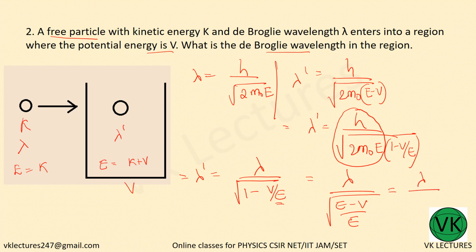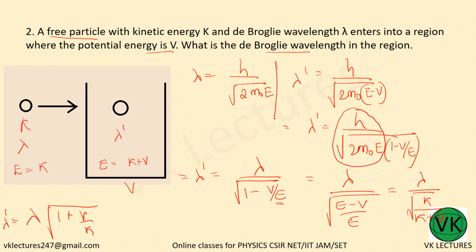K, so under root K divided by K plus V. Again we can simplify, lambda into under root, this will become numerator, so K plus V divided by K, that is 1 plus V by K. So this is lambda dash.